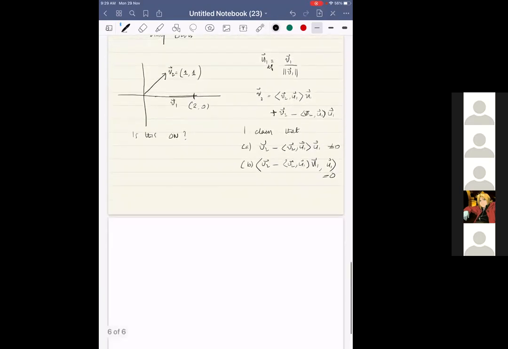So from V2, I manufactured this other vector, which has these two properties: first of all, it's a non-zero vector, and its inner product with U1 is 0.